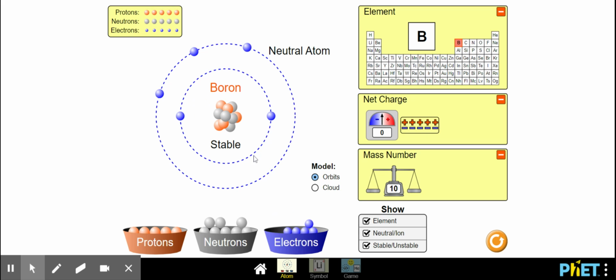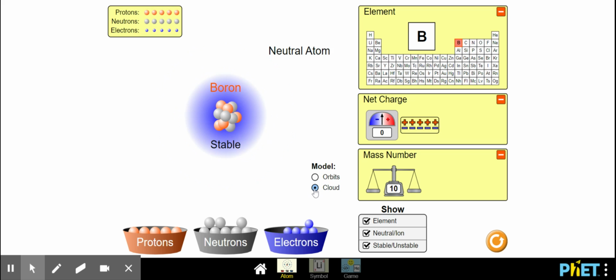Anyway, that's how you can put the different particles in the atom and look at how the identity of the element changes, how the net charge changes, how the mass number changes as you add and take away protons, neutrons, and electrons. There's another view of electrons.